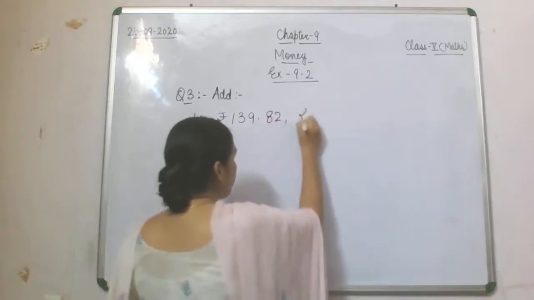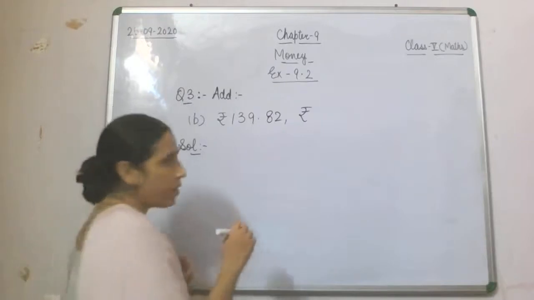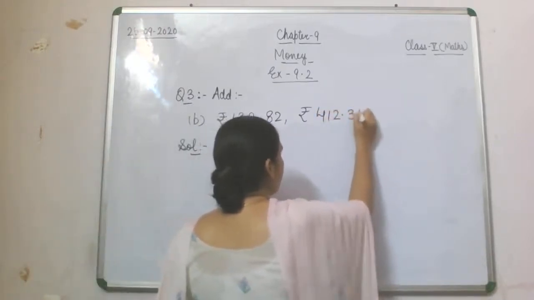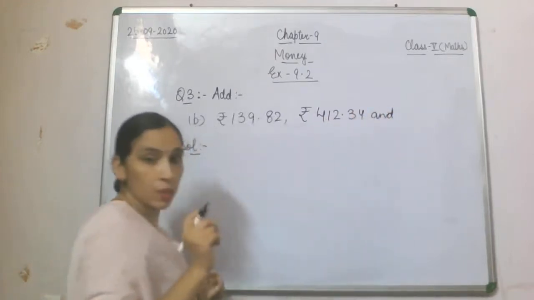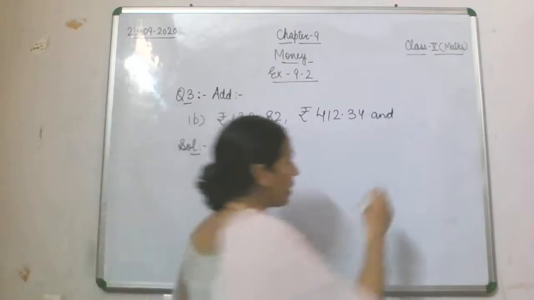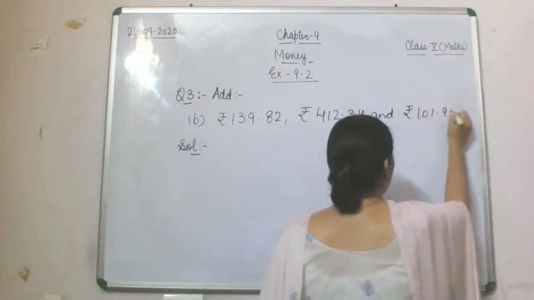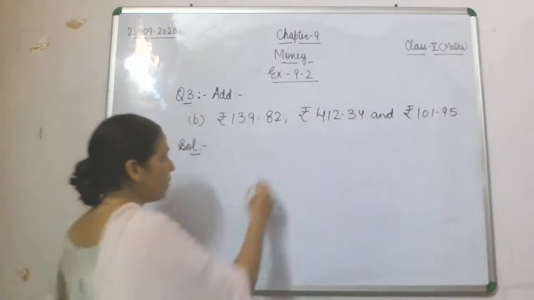Then next is rupees 412 and 34 paisa. After that we have one more, the third one, rupees 101 and 95 paisa.